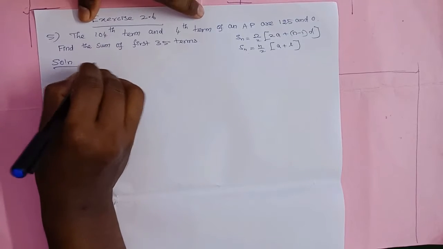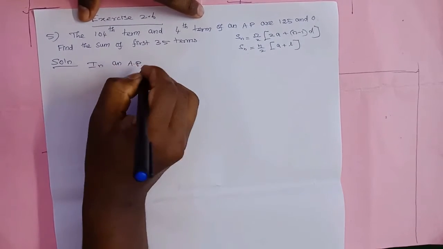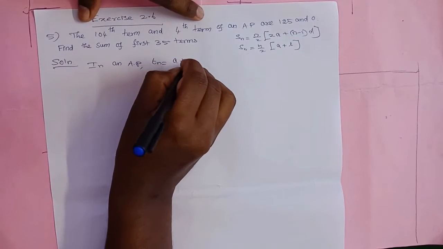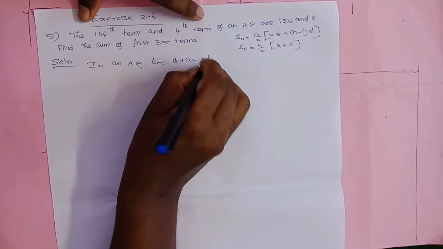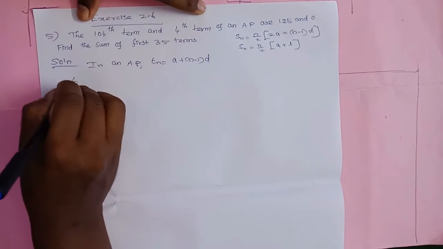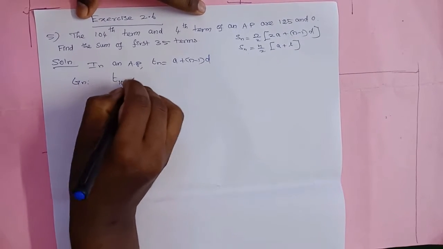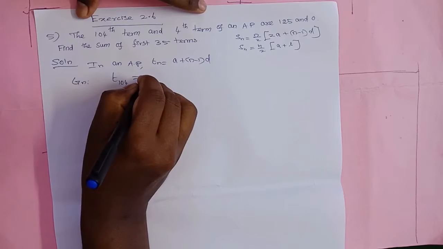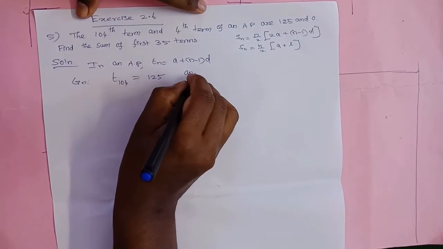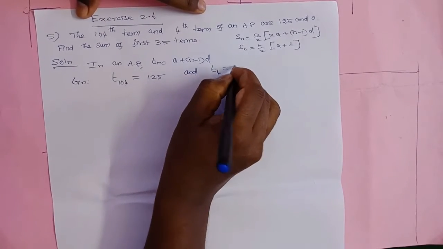First, we know in an AP, the nth term is equal to a plus n minus 1 into d. Since the terms are given, we have taken the nth term. Now, what is given? 104th term means T104 is equal to 125, and fourth term means T4 is equal to 0.